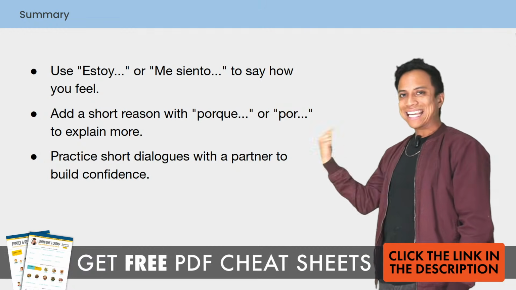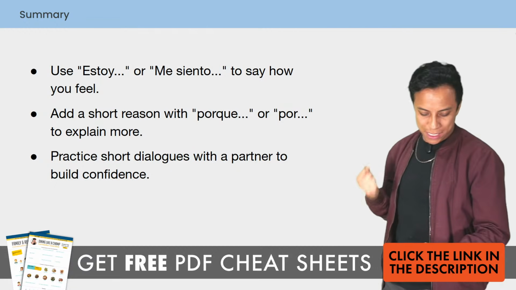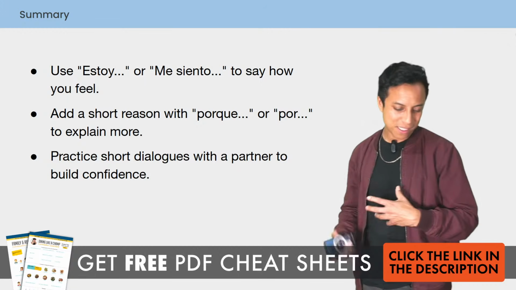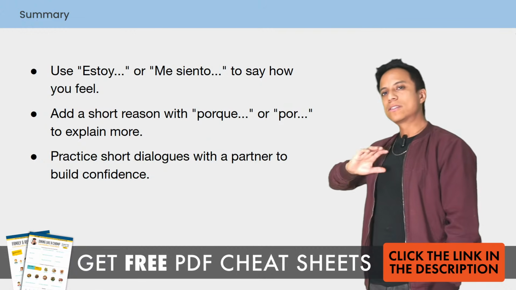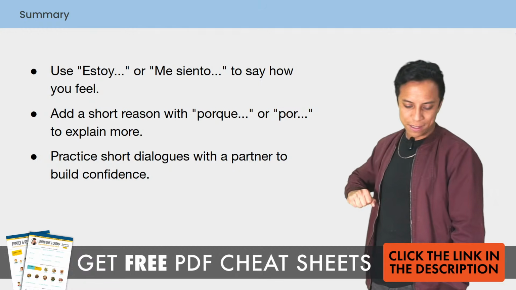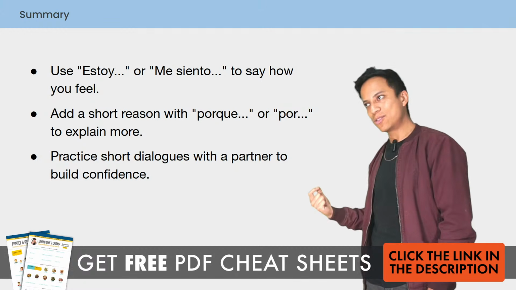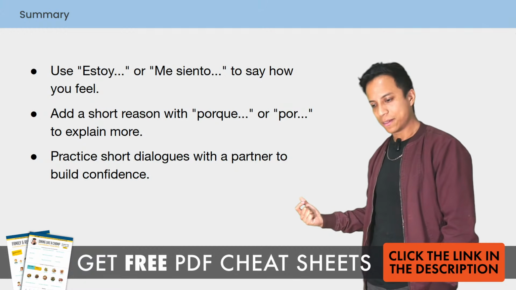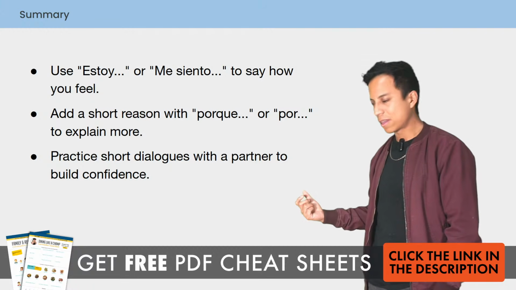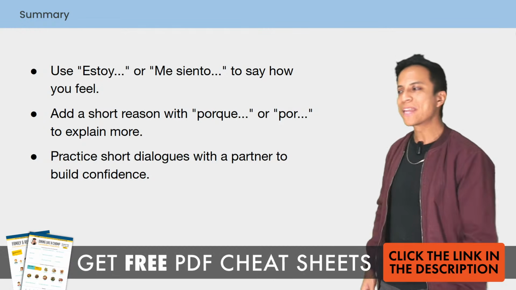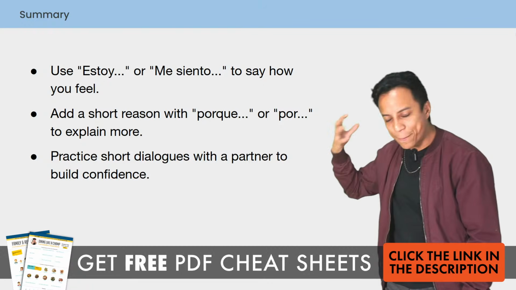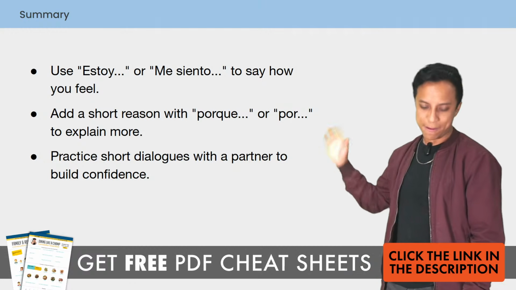However, today we're learning that estoy or me siento. If you want to talk about the reason why, you could use por. Okay, or porque, but rather por in general. Generally por when talking about feelings.